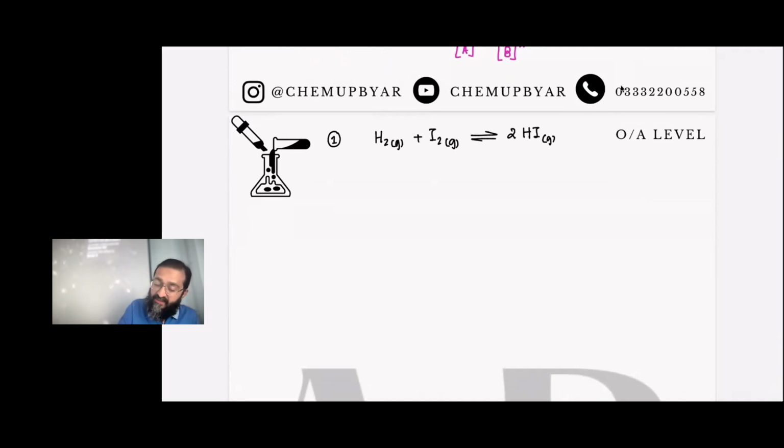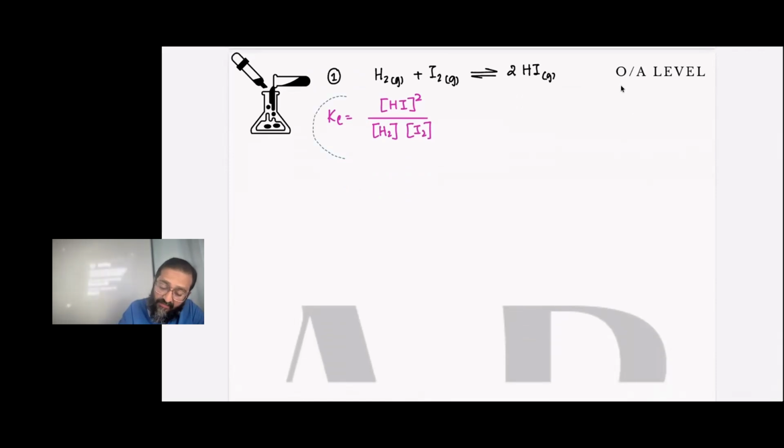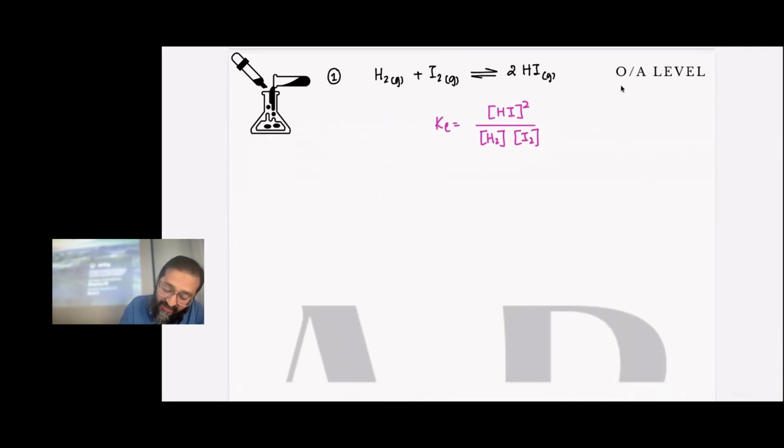If I go for a Kc expression, as we have discussed, it is going to be concentration of hydrogen iodide raised to the power 2, because there are 2 moles in the balanced equation, over concentration of hydrogen times concentration of iodine, and there will be no power over here because it's 1, because there is 1 mole in the balanced equation. Is this clear? Yes, sir. Okay. So I just wrote the Kc expression.